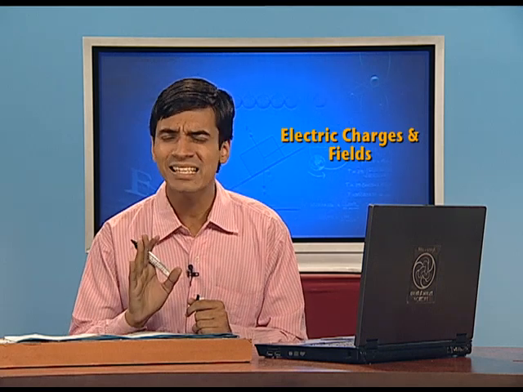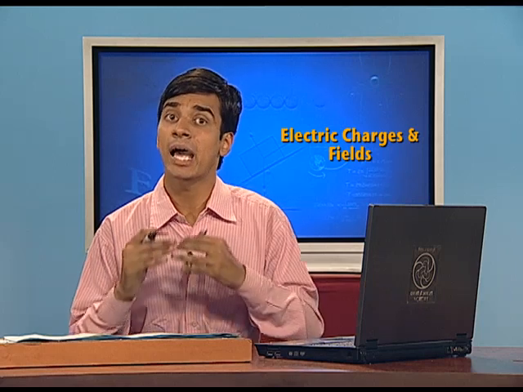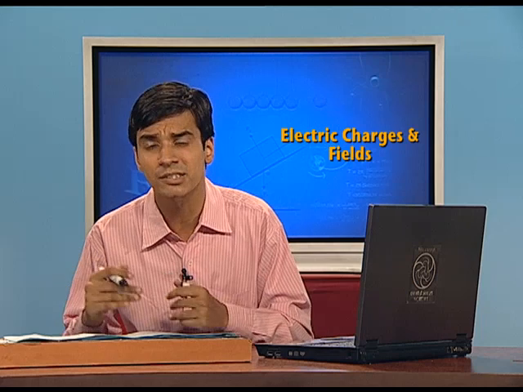So two things were crystal clear. The force that one sphere exerted on the other was clearly proportional to the magnitude of the two charges, that is, if they are q by 2 and q by 2, the force is proportional to those charges.